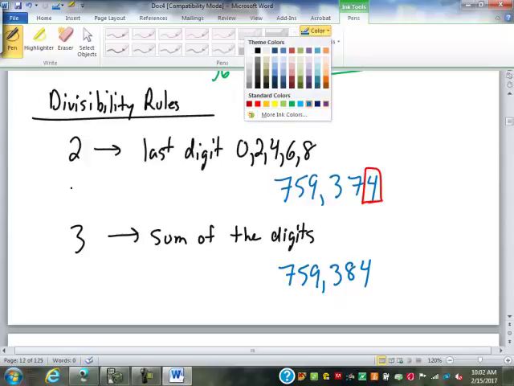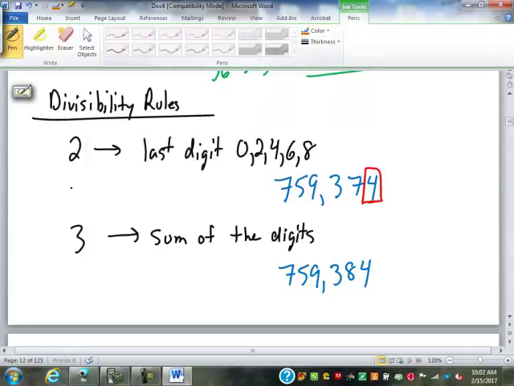If the sum of the digits... What does that mean? Well, that means we add up the digits. What is 7 plus 5? 12 plus 9? 21. Plus 3? 24. Plus 8? 32. Plus 4 is 36.